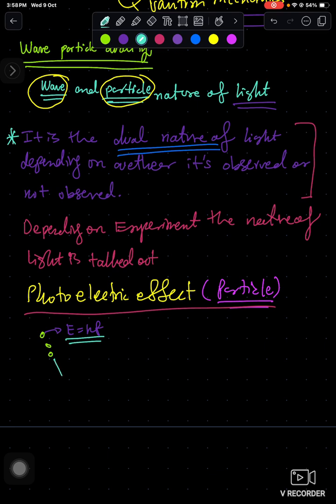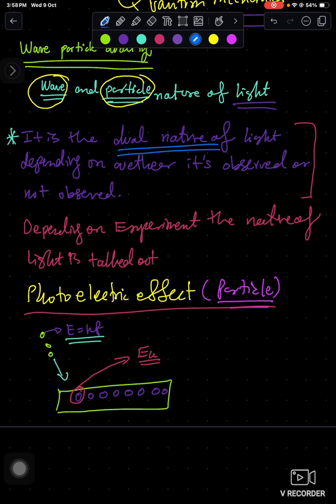When they are traveling towards this, let's suppose we have a metal here. The energy which this metal needs, or we can say the energy with which it bounces off, is Ek, or I will say kinetic energy.